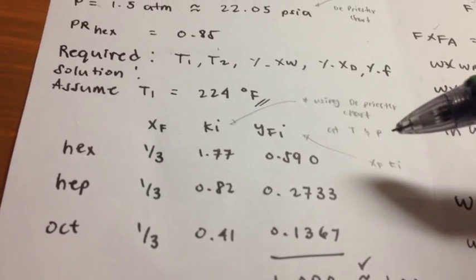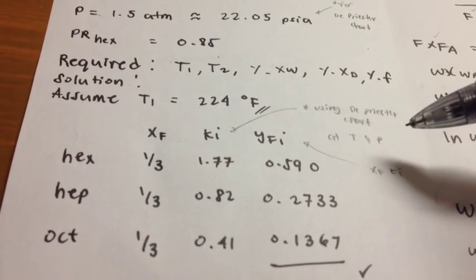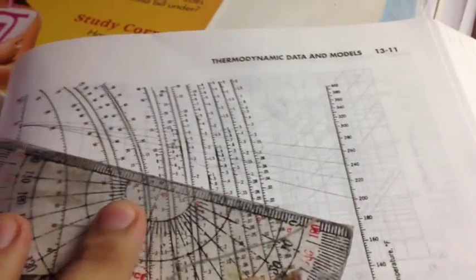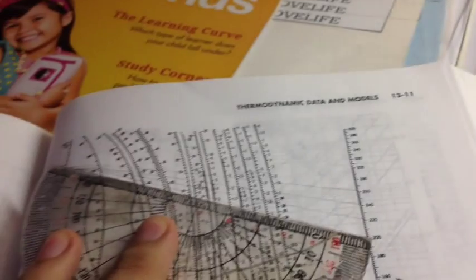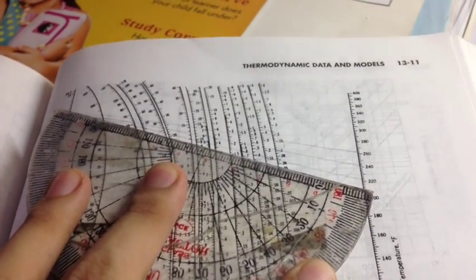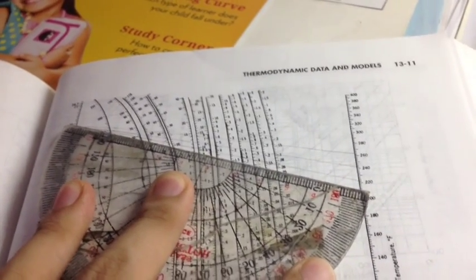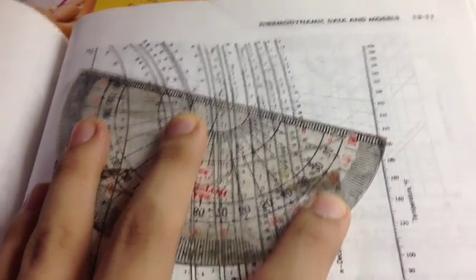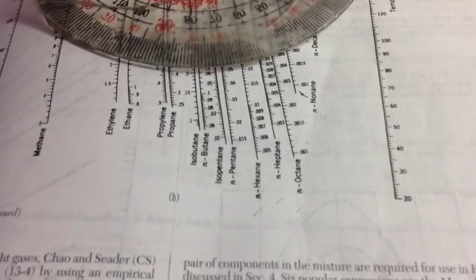Using the temperature we have assumed, 224, and the given pressure of 22.05 psia, we obtain values for n-hexane, n-heptane, and n-octane.